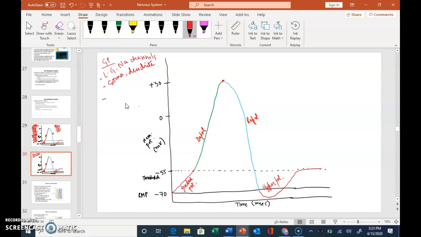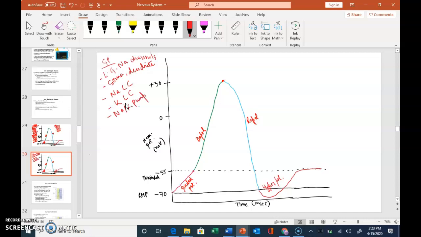What else? Which other channels play a role to increase the membrane potential from resting state to threshold? Obviously, the leak channels, the sodium leak channels, the potassium leak channels, they are always open, right? And then the sodium potassium pump.